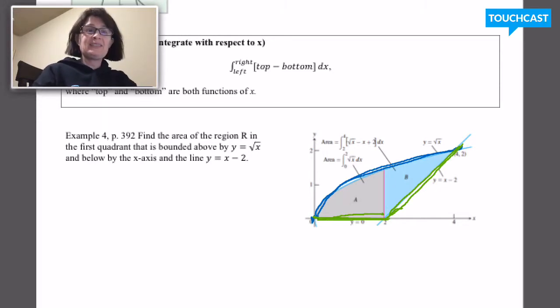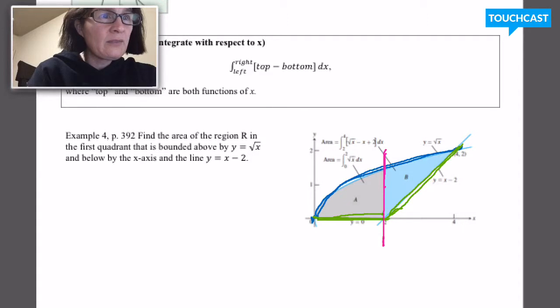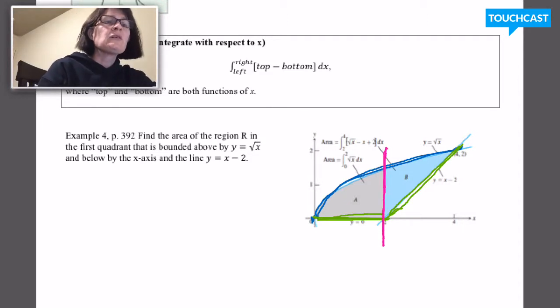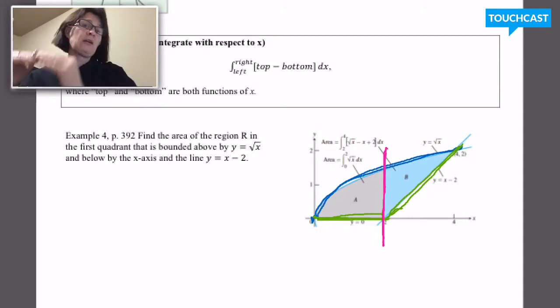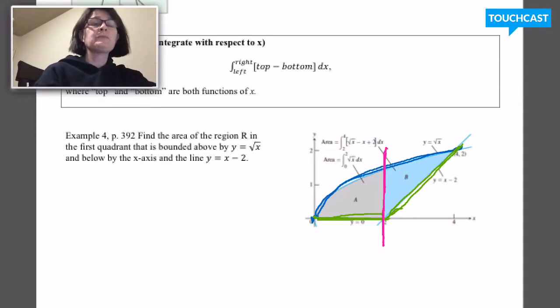One option is to notice that it's pretty obvious where the switch happens. You can even see in this picture to sort of help us out. We can see what's going on there. It's when x equals 2 that the bottom function changed from being y equals 0 to being y equals x minus 2.